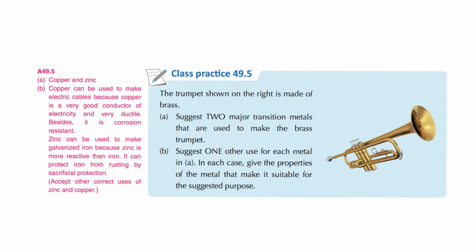And for examples, the trumpet shown right here is brass, right? Brass, as we just mentioned, contains copper and zinc. So the major transition elements making brass, you have to remember, are copper and zinc. Say one other use of each metal, or give a property of the metal that makes it suitable.